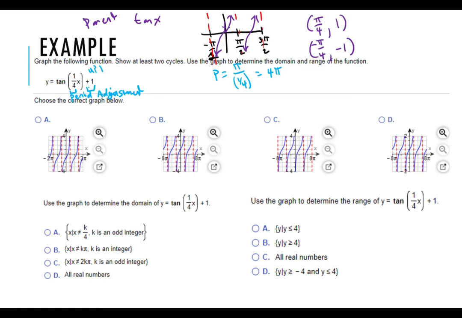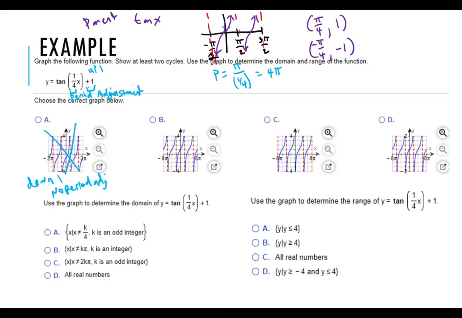Alright, so let's just go ahead and look through what we've got given here to see which ones we automatically know are no good. Okay, so look at A. Well, A looks an awful lot like my actual function, shifted down by 1. And so that's out, because that's a down 1 and no period adjustment.